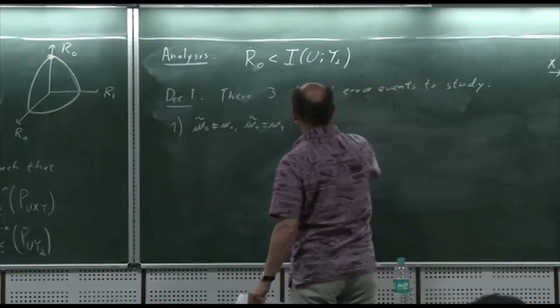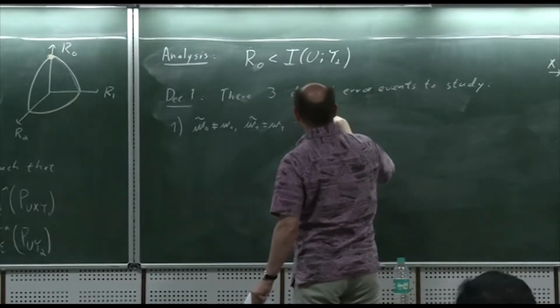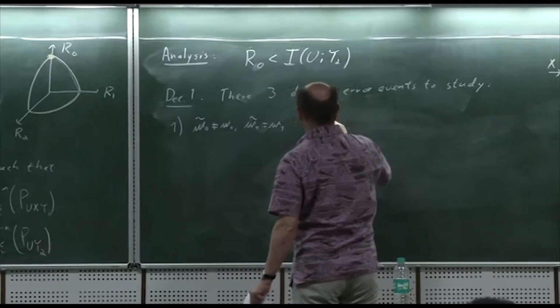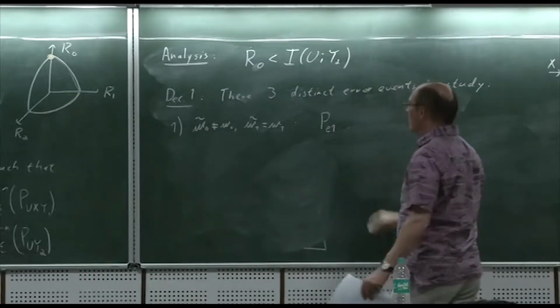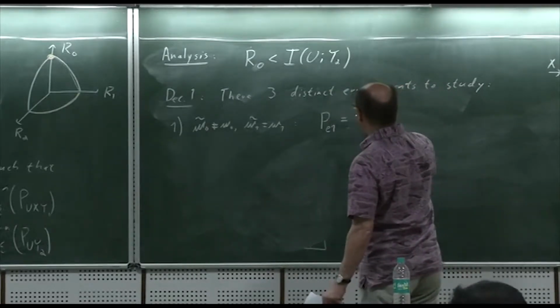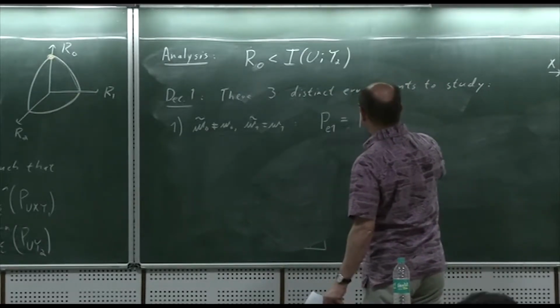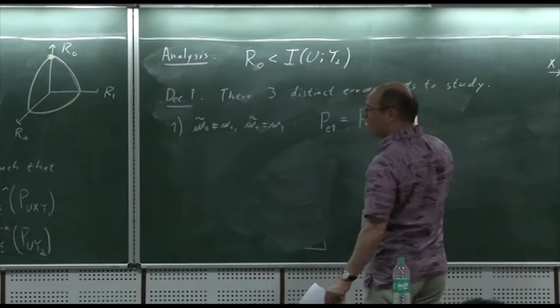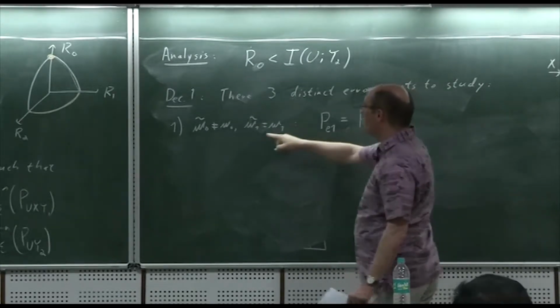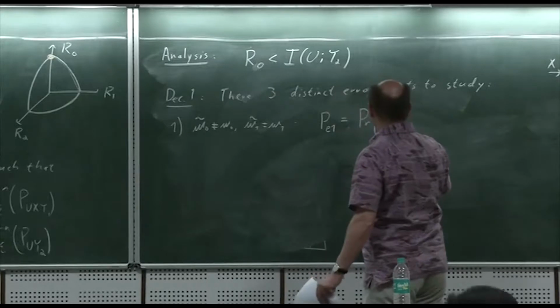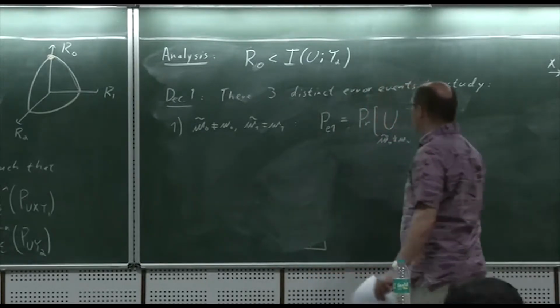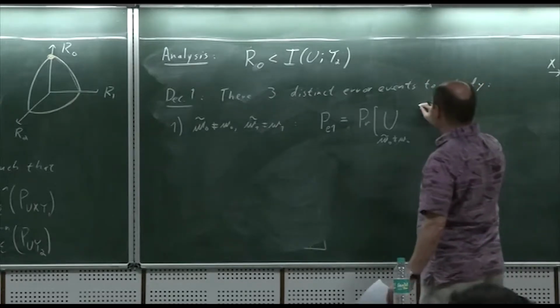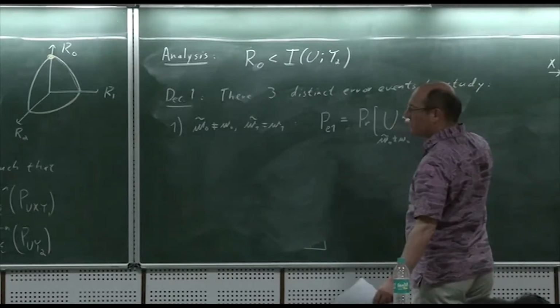That's going to be upper bounded by, so the probability of this event, let me call it P1, is the union over all W0 tilde not equal to W0 of the event that this happens to be typical.